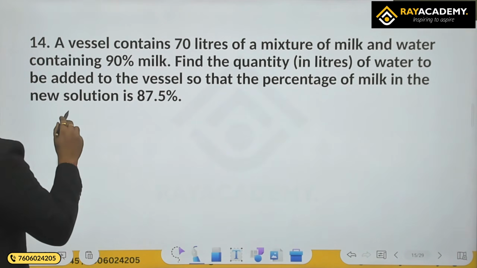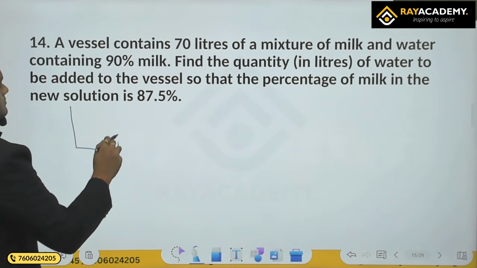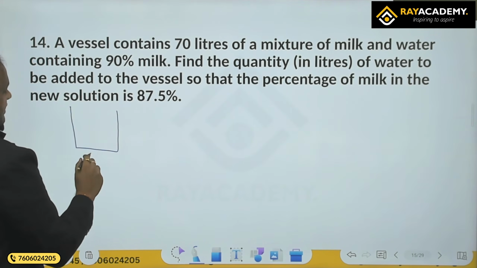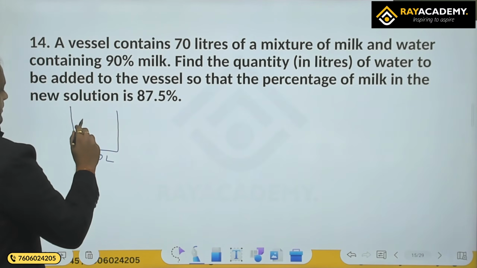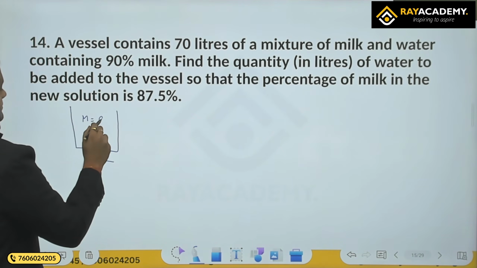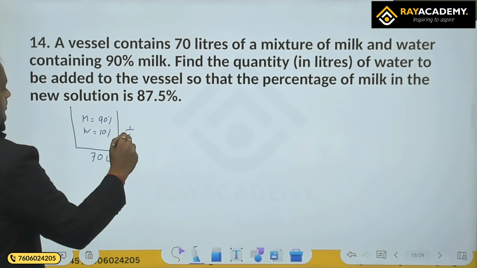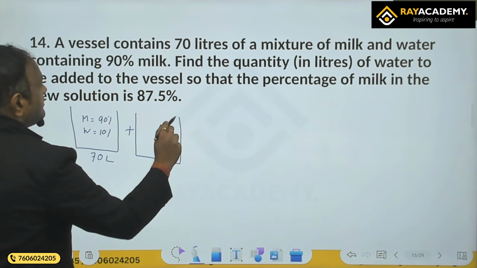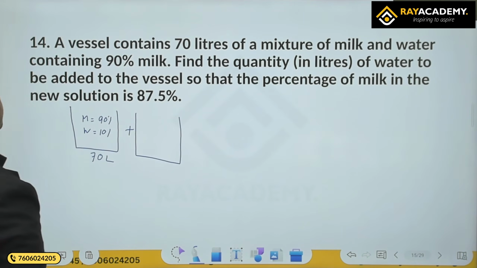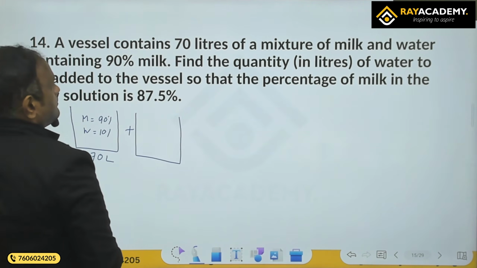First let us plot it. 70 liters, milk 90 percent, water 10 percent, plus what is being added, which is water.